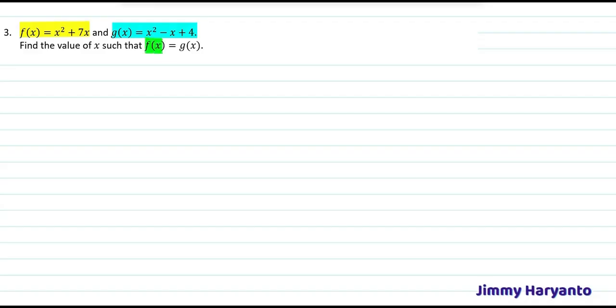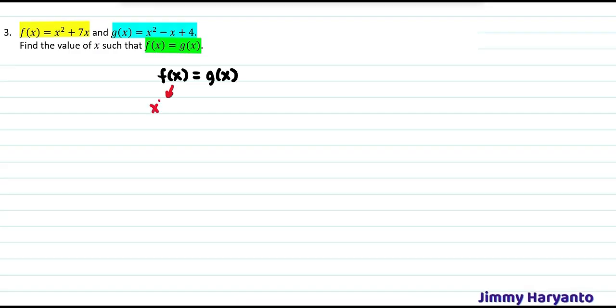The question also says f(x) equals g(x). Just write it like this: f(x) equals g(x). Because we already know f(x) equals x squared minus 7x, you can replace it, and that equals g(x), which is x squared minus x plus 4.